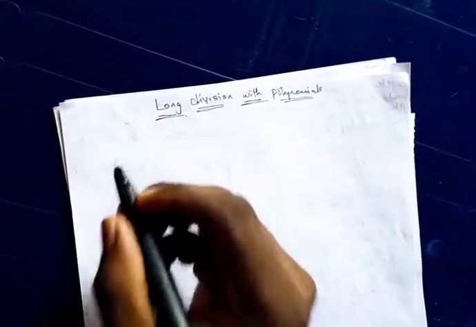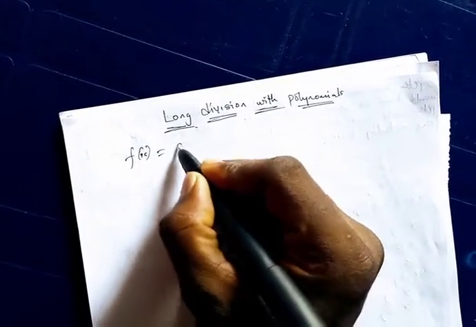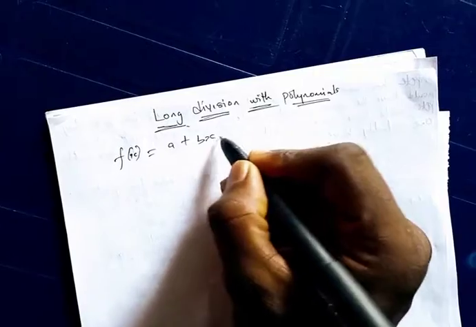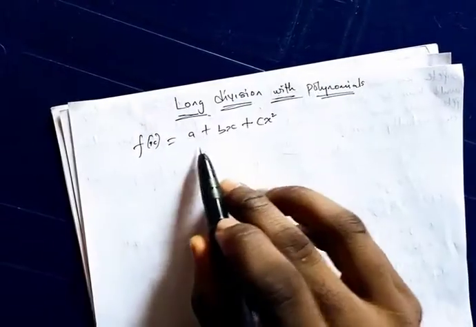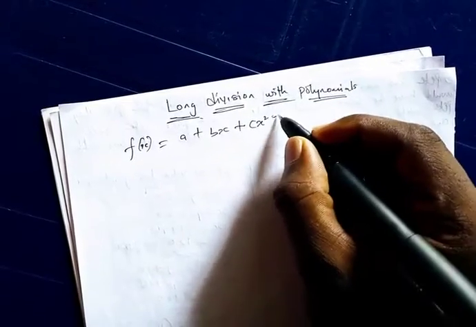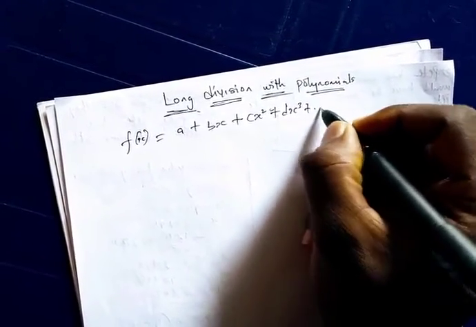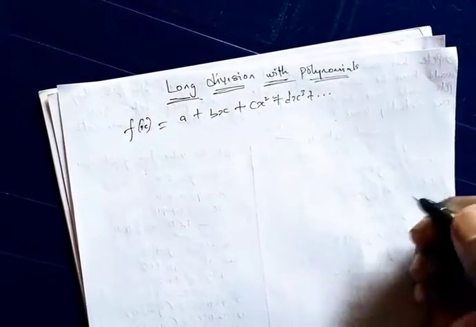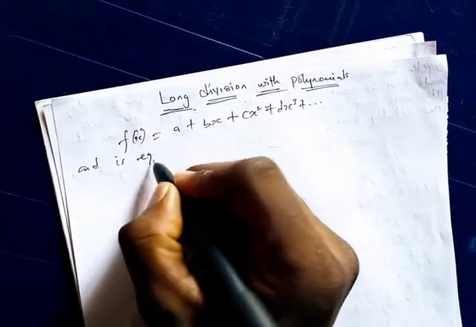Now, a polynomial is a function that comes in this form: f of x being equal to a plus bx plus cx squared, increasing powers of x, plus dx cubed plus dot dot dot, continuing that way.